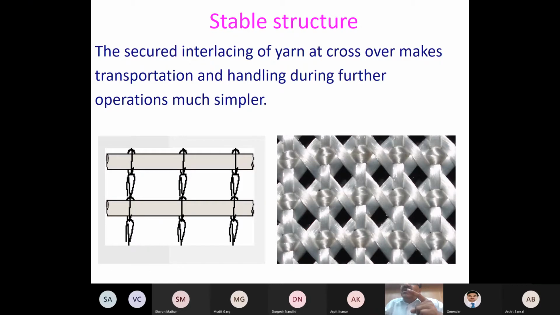And because of these crisscross crossovers, while handling these fabrics, although the structure is a grid structure, a porous structure, the yarn does not get shifted from its position, meaning there is a structural stability.